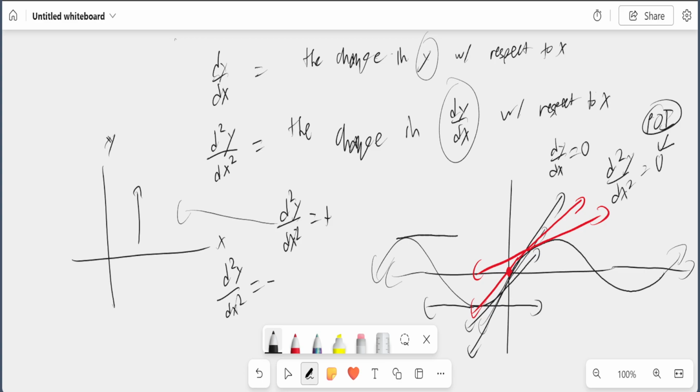At this point over here, dy/dx is equal to 0, right? Is d squared y over dx squared equal to 0? If so, tell me why. If not, is it positive or negative?